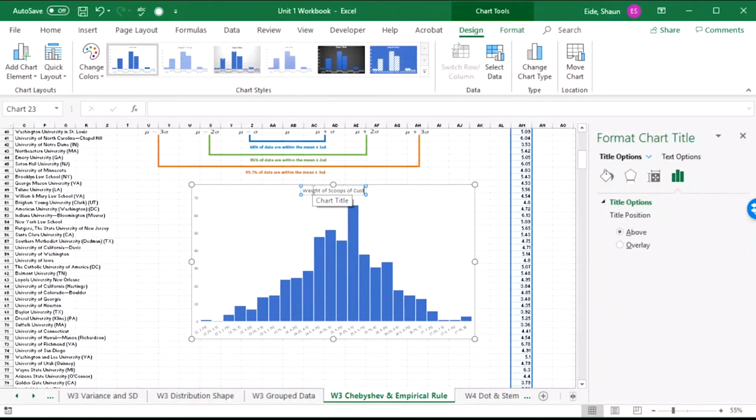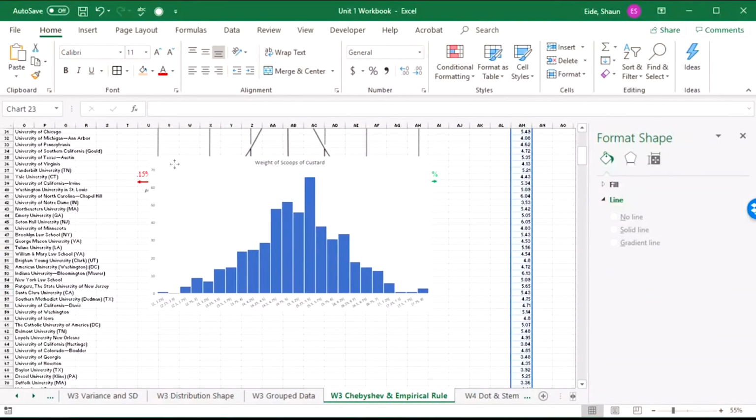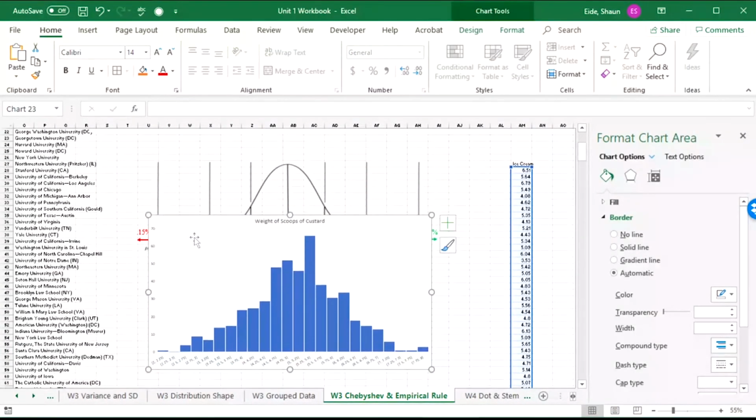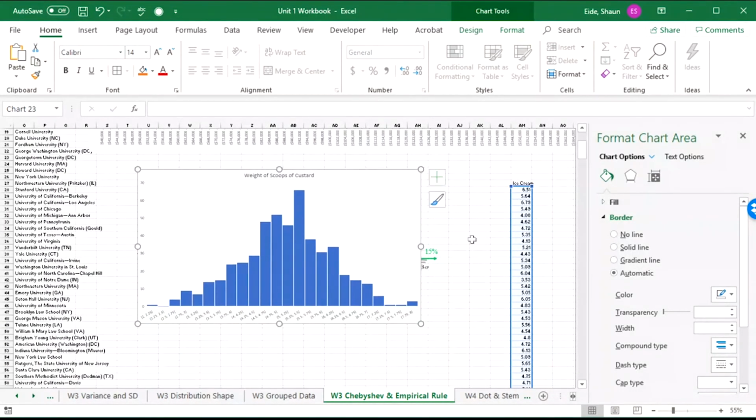And this is at like Andes or someplace like that. But so we've got scoops of custard, and so we have the mean. We've got the mode. We've got the mean, and we've got the standard deviation.